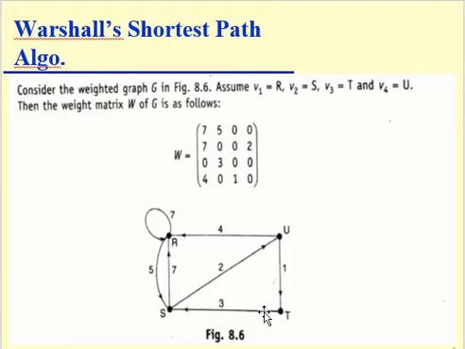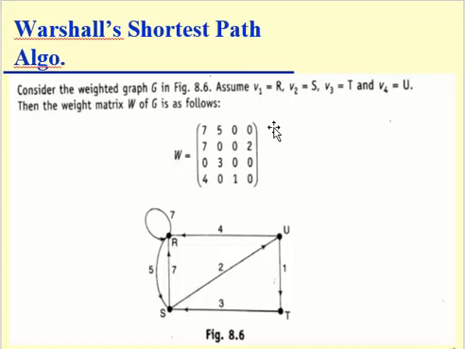In my first lecture on graph data structure, I told you what a weighted graph is. In a weighted graph, you are given the weights. Weights mean, in any application, suppose this is the distance in kilometers. If you want to go from S to R, this is 7 kilometers. S to U, this is 2 kilometers.